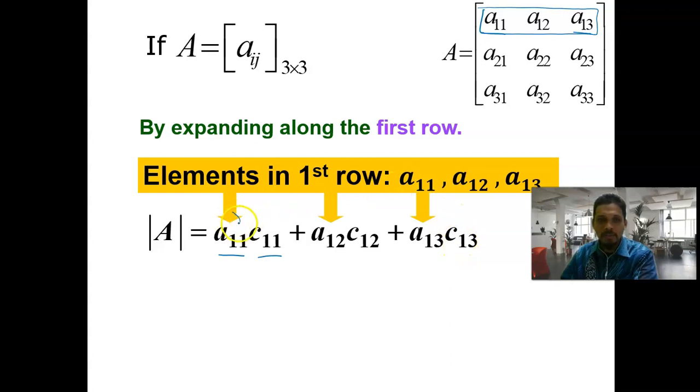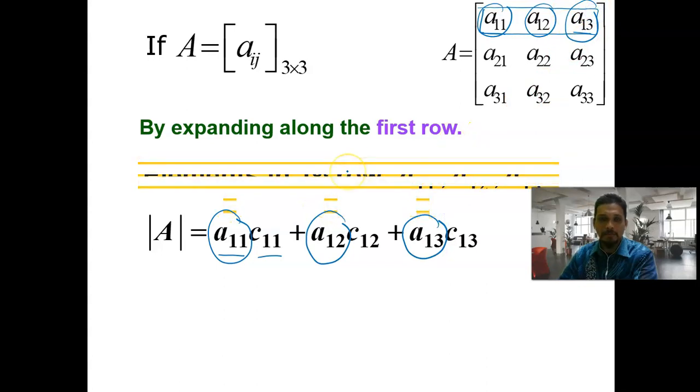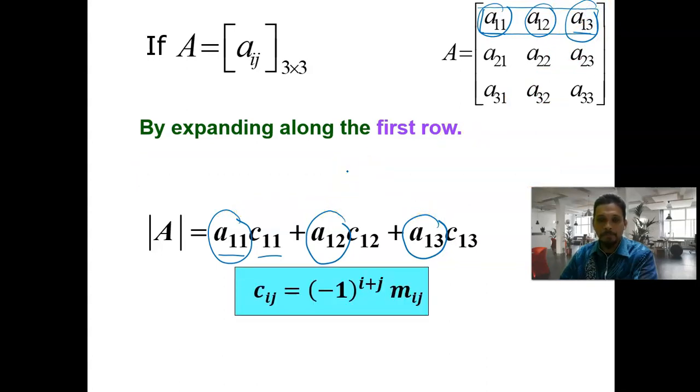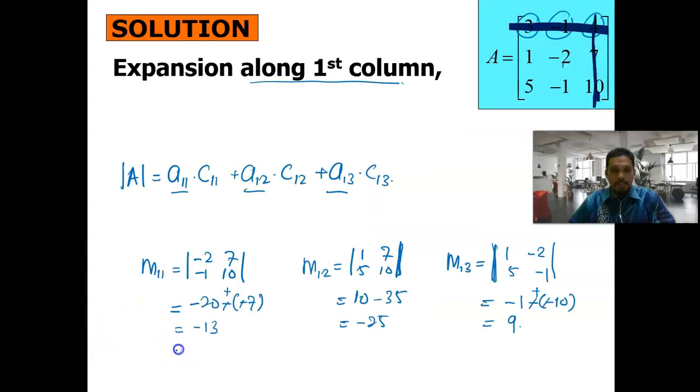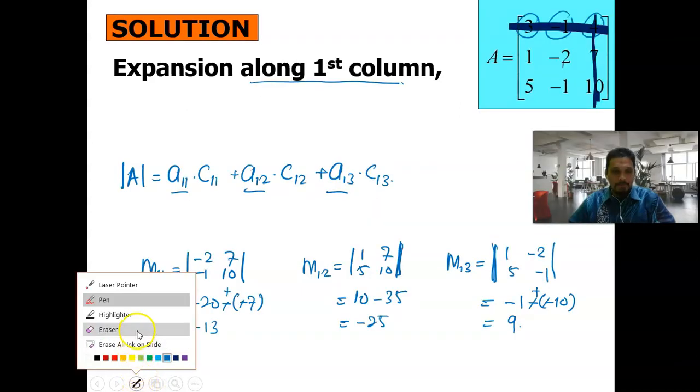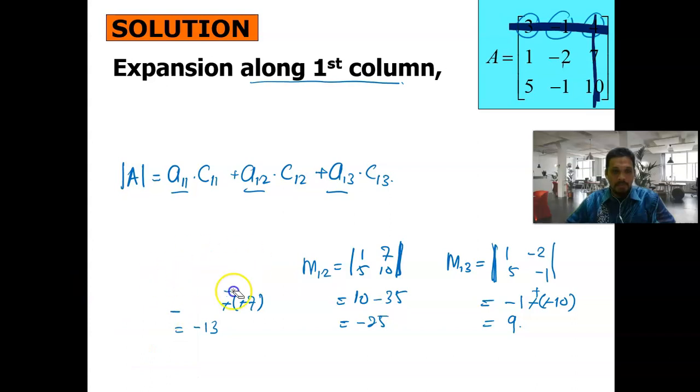So look at this one here now. A11, A12 and A13 are the elements in the first row. Okay. So let's find out this one here now. Okay guys, I'm sorry.